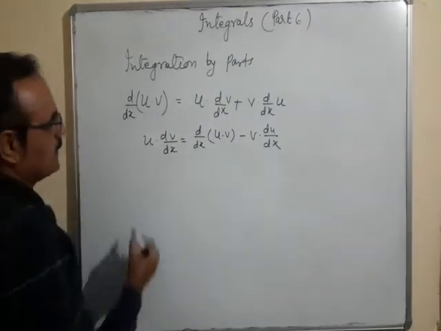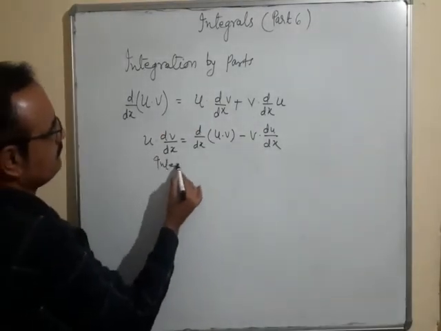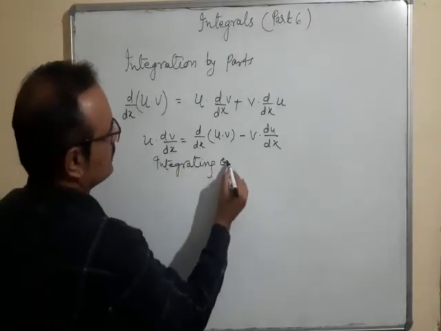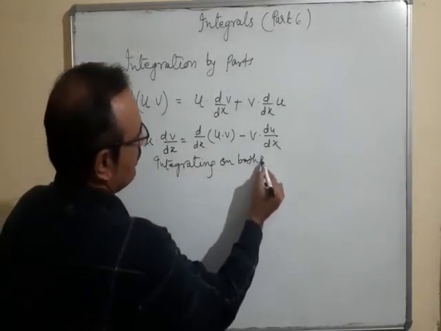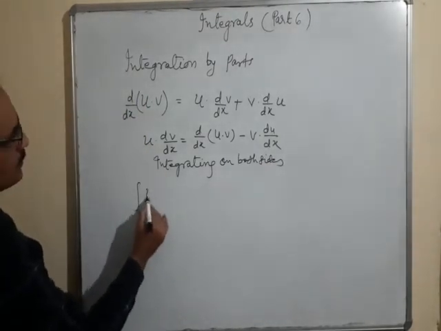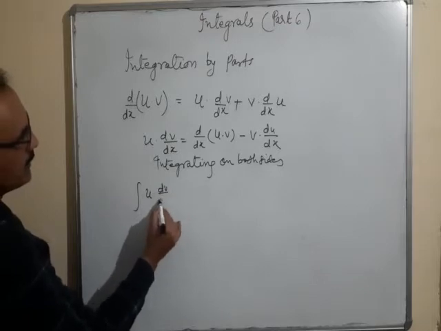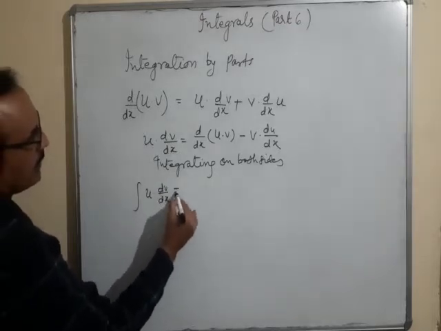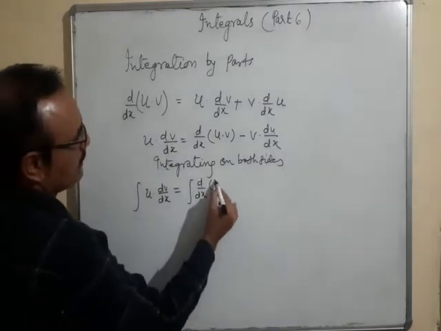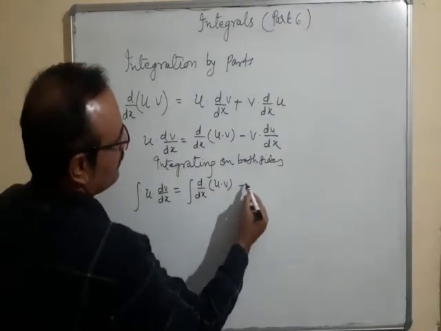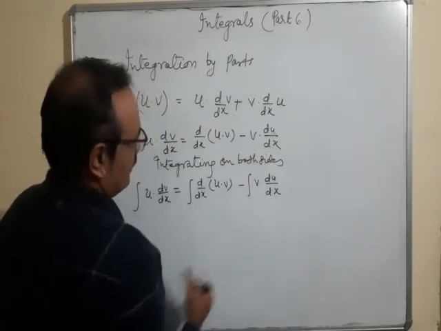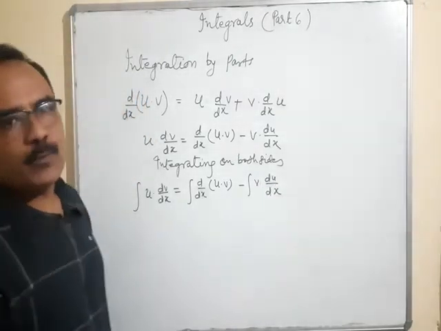Integrating on both sides, then let us see what happens. Integration of u dv by dx is equal to integration of d(uv) by dx minus integration of v du by dx. Is it okay? Integrating on both sides.